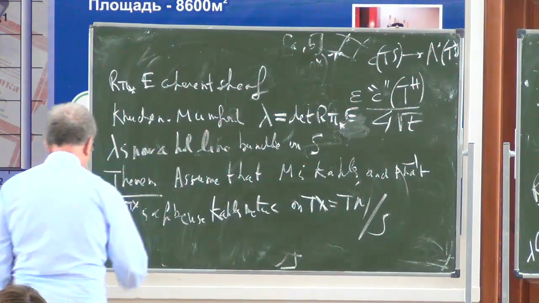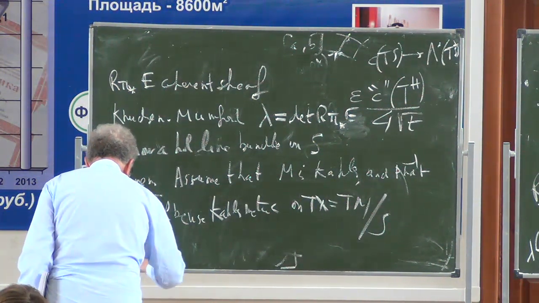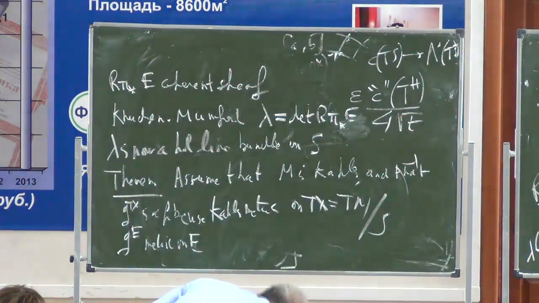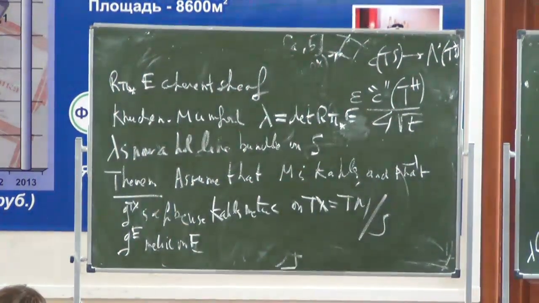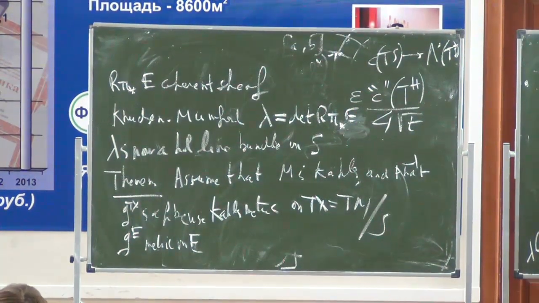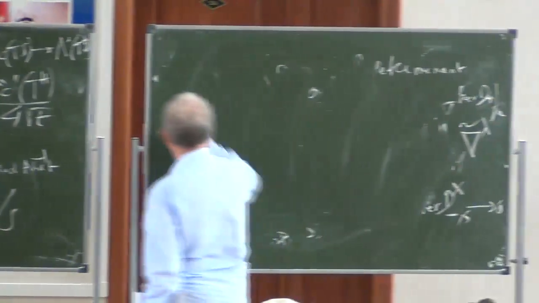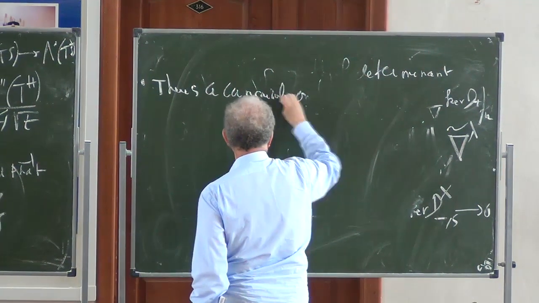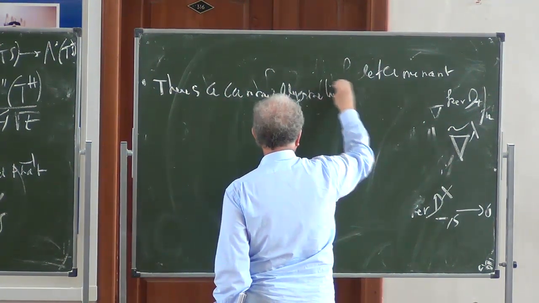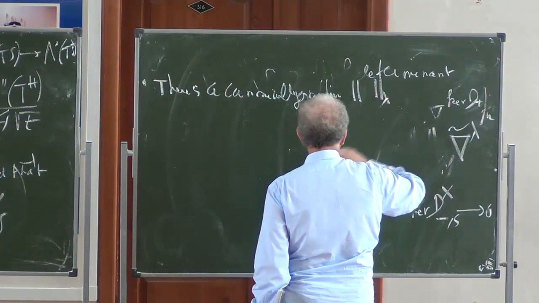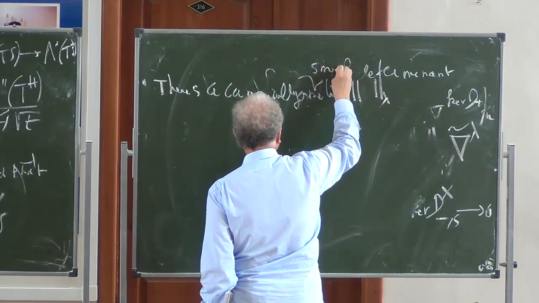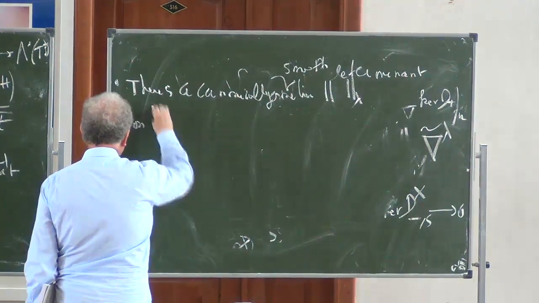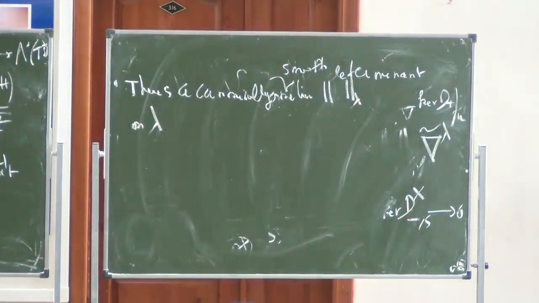Then, given a Hermitian metric g^E on E, there is a canonically defined smooth metric, which I will call ‖·‖_λ, on λ associated with this data.